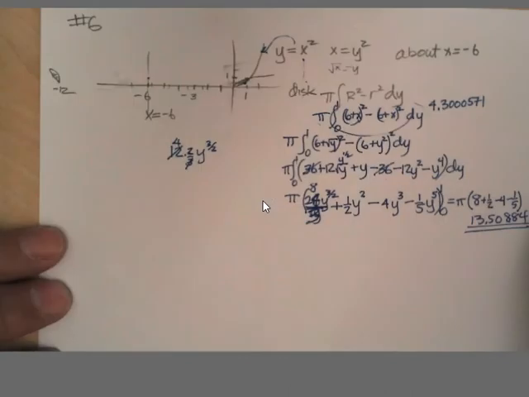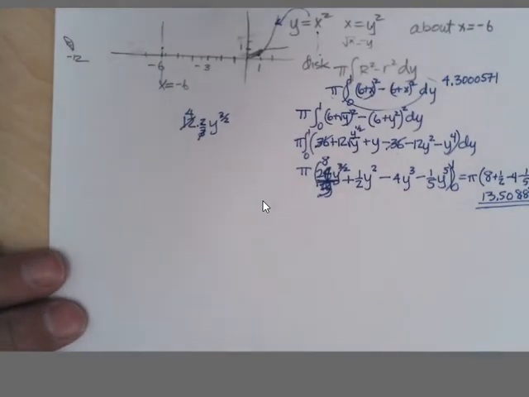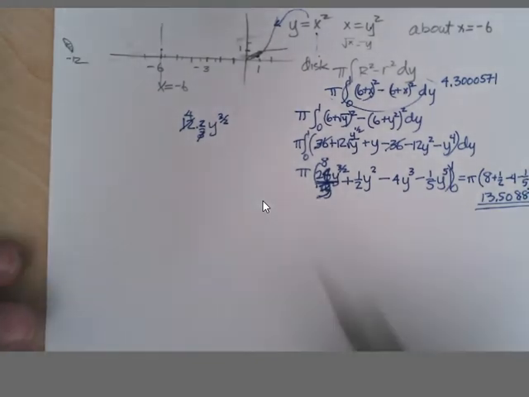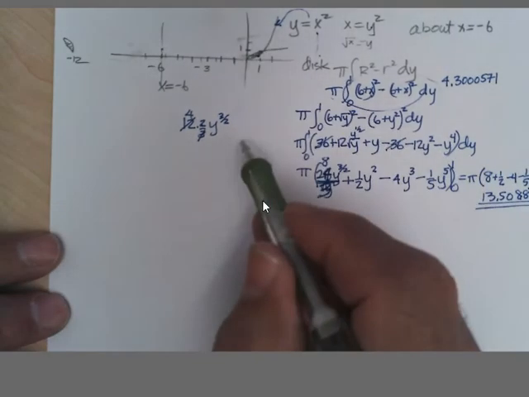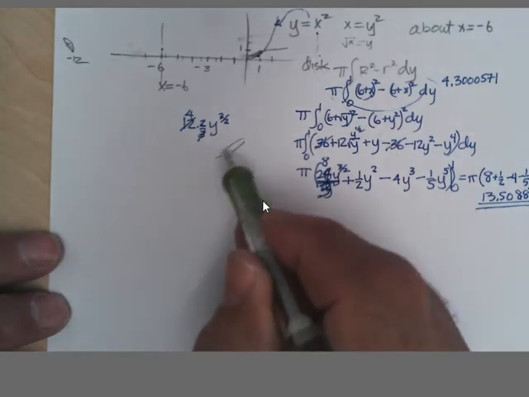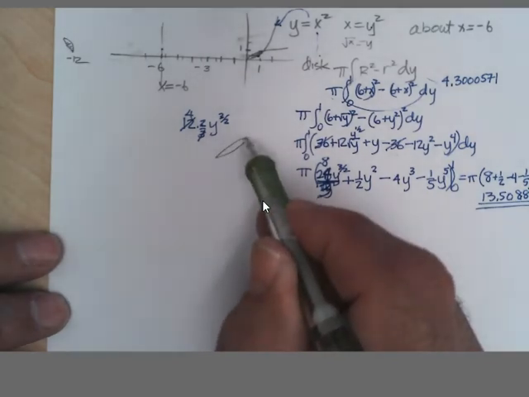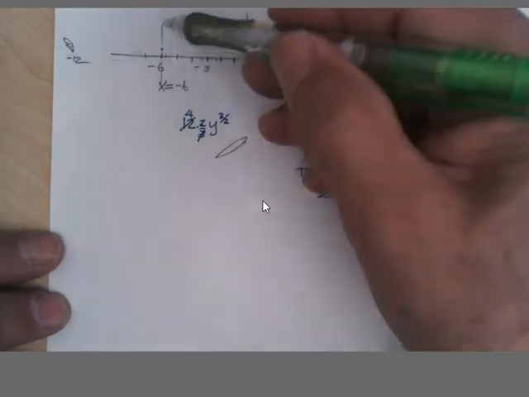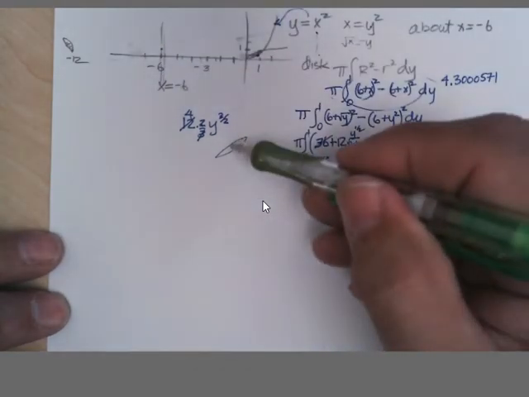Okay, so now let's do it with the ring method. I keep doing the ring method on you, don't I? So this looks like a piece like this, and it goes way over there, and since the axis is this way, the slice would be this way.